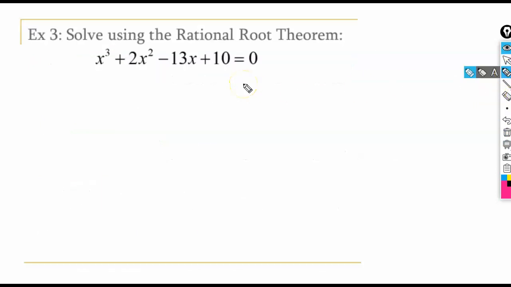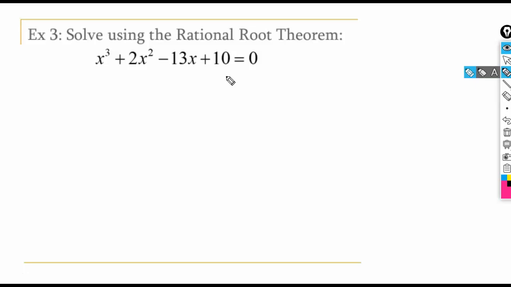So let's look at another one. If I want to solve, I'm always looking to factor. So when I look at factoring by grouping here, I notice very quickly that they're not going to have a common factor. So factoring by grouping is not going to work. So then I'm like, well, I need to try and find a rational root.